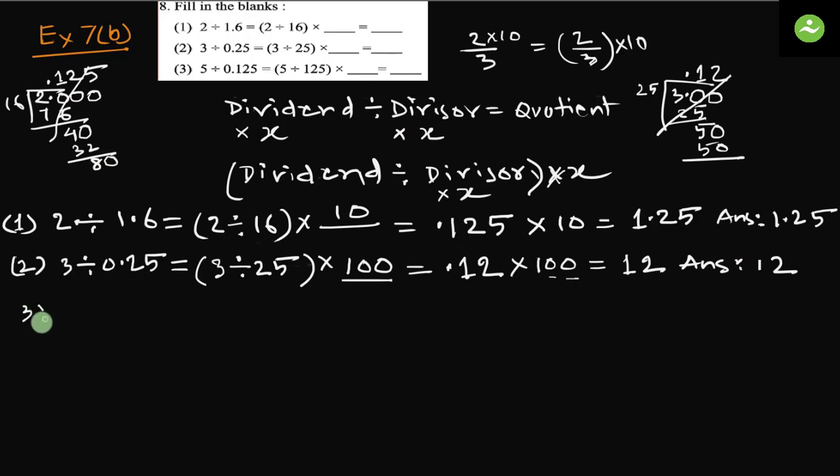Number 3, 5 divided by 0.125 equals, what they have written here, 5 divided by 125. How does 0.125 become 125? 0.125, if we multiply by 10, the decimal point moves one digit.